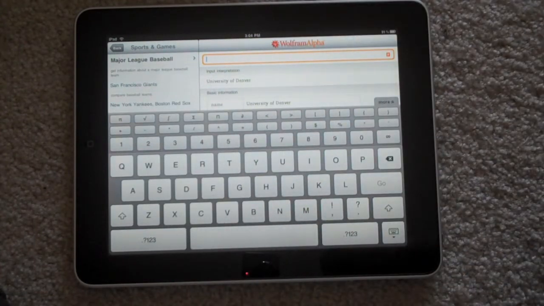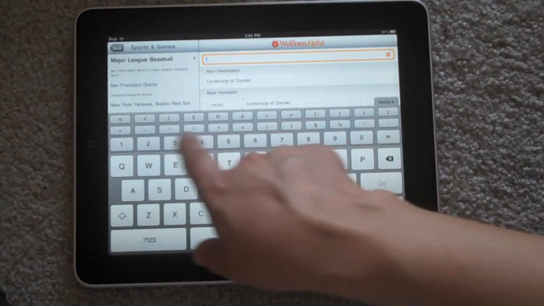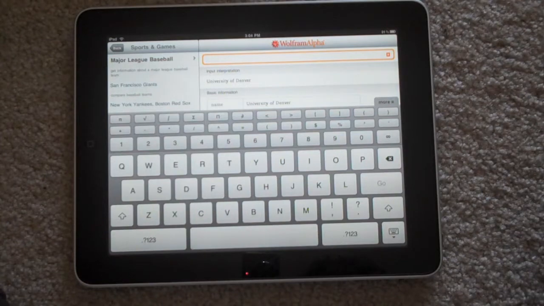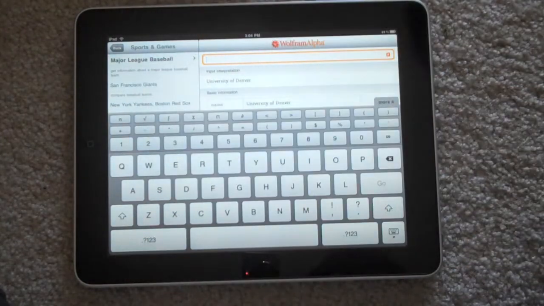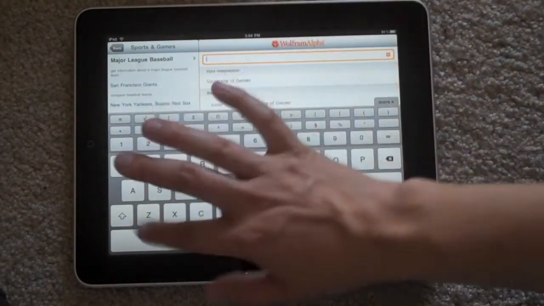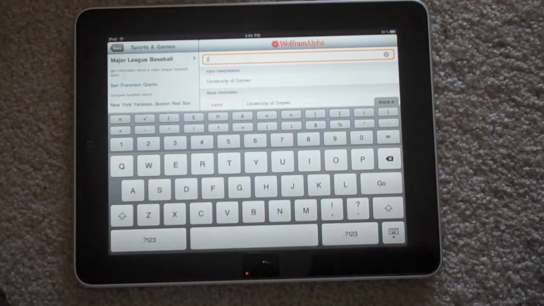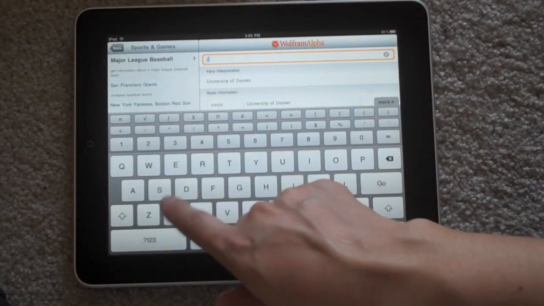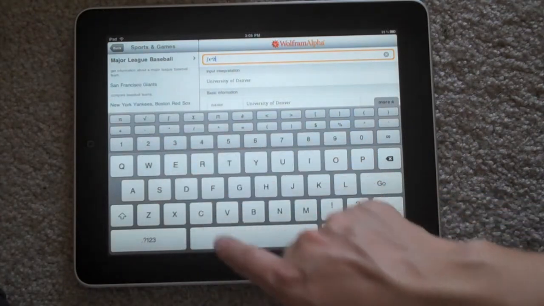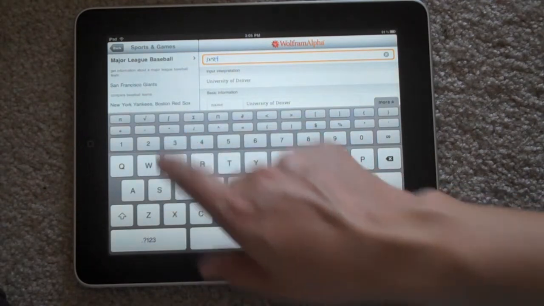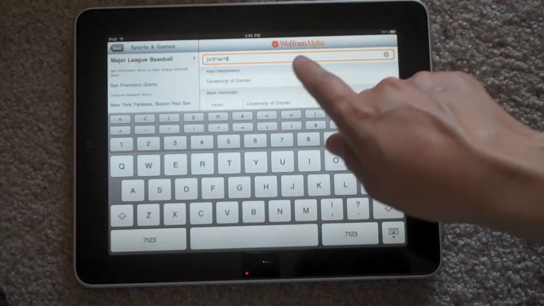Let's do an integral. WolframAlpha kindly provides the symbols of common things used in mathematics. If you don't want to use it, you can just type in the word integral, and it'll still know what you're talking about, but I'll go ahead and use the symbol. Integral of x squared times sine cubed.